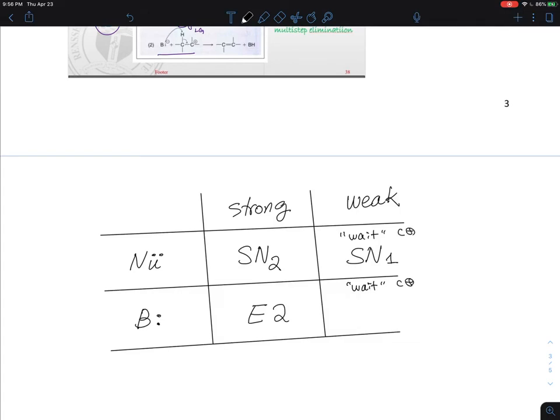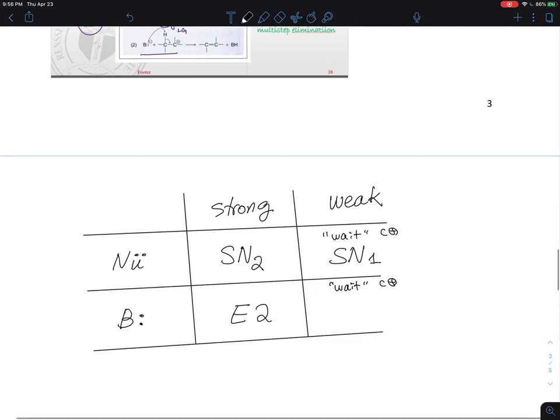The leaving group leaves, they develop the carbocation, and if needed, they can do the carbocation rearrangement. But it is always unimolecular. By looking at this table, you can develop this concept. This is a very simplified table, but it will be a useful guideline for you.